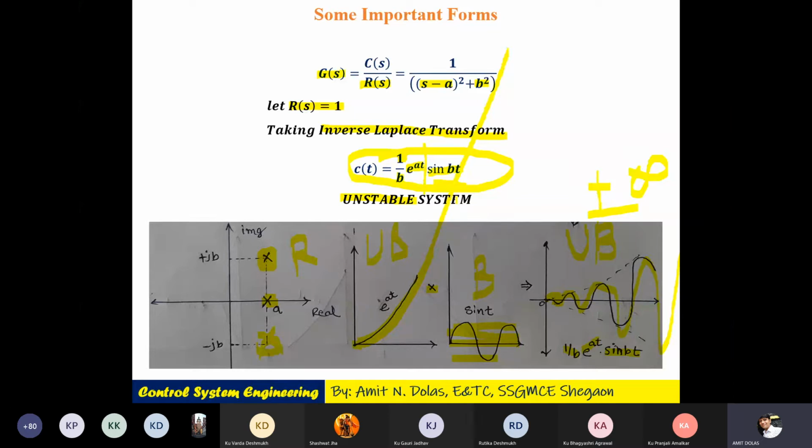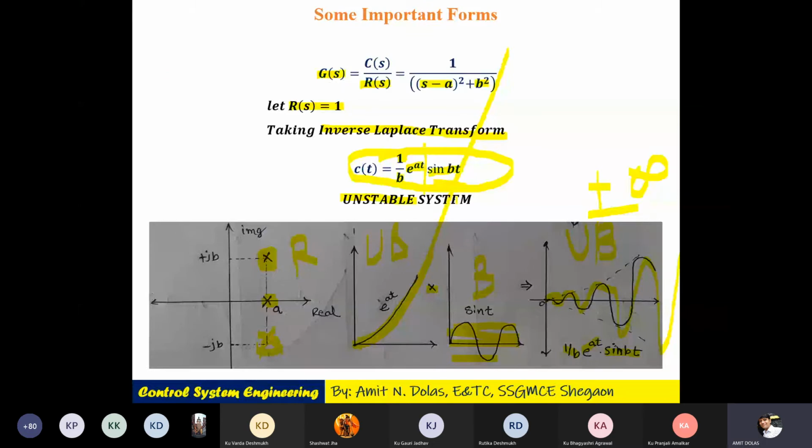So up till now, in the previous PPT and this PPT, we have seen that if complex poles are present in the left hand side, then the system is stable. If complex poles are located in the right hand side of the S plane, then it is unstable.